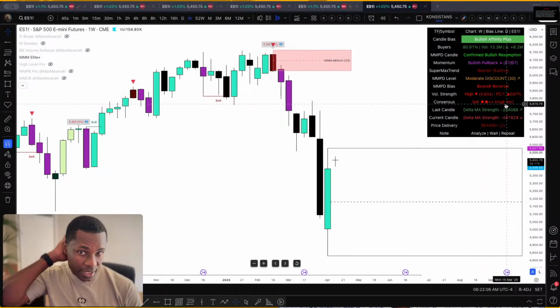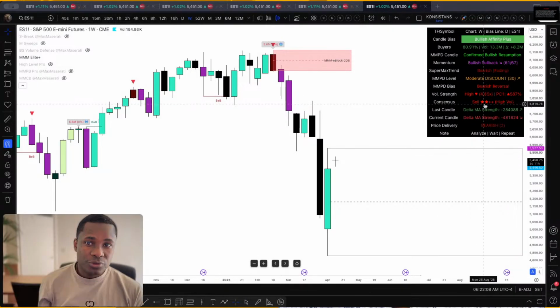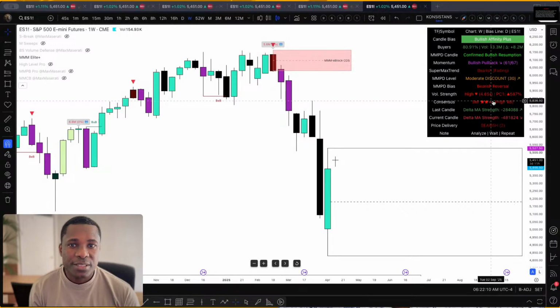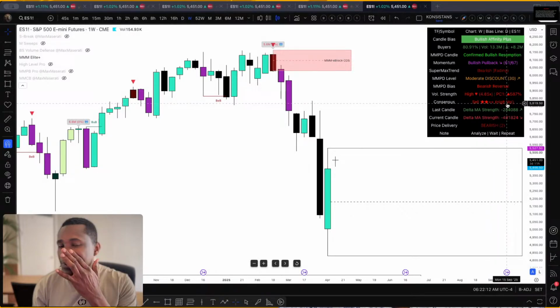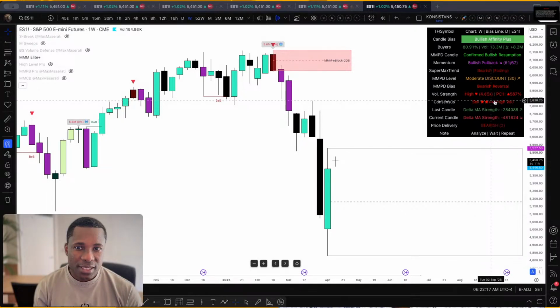And then sell two stars plus plus, which means this is the consensus, which means we highly likely are in a sell environment. Our last candle delta was negative delta, yes, but with a direction going up.